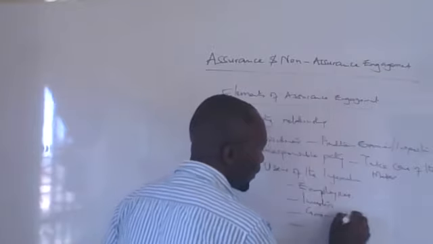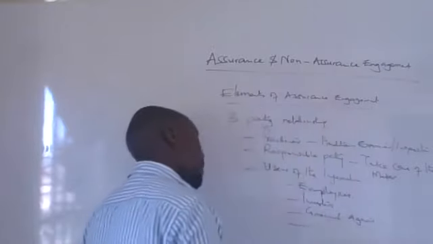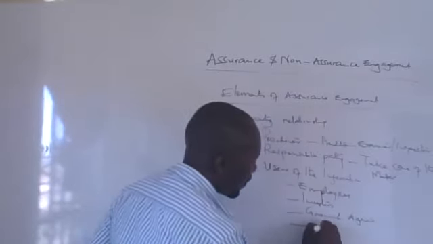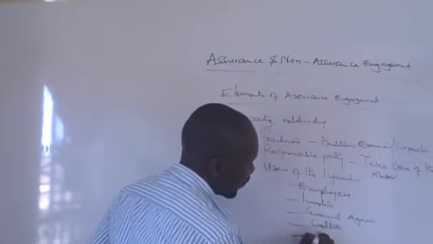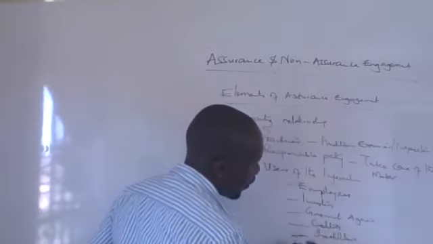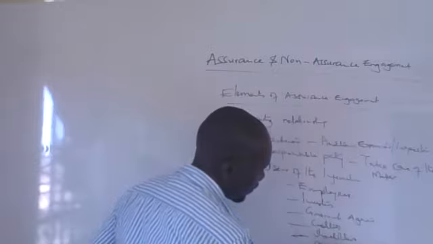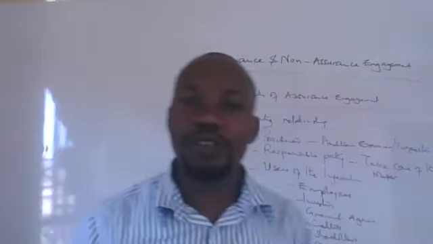We have government agencies. Then we have creditors. We have shareholders. We have competitors.